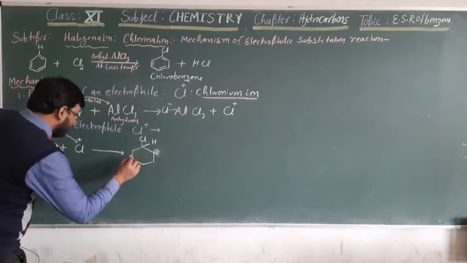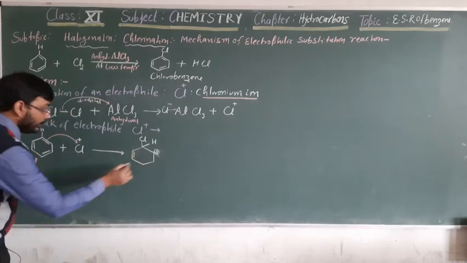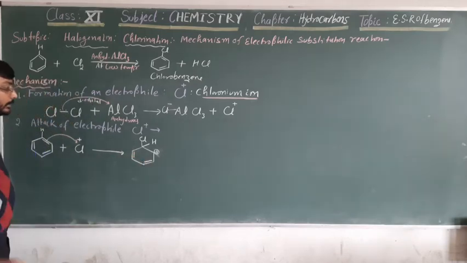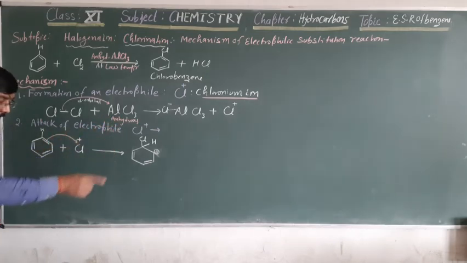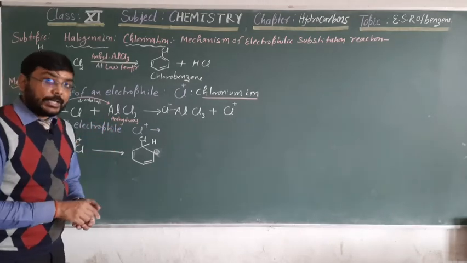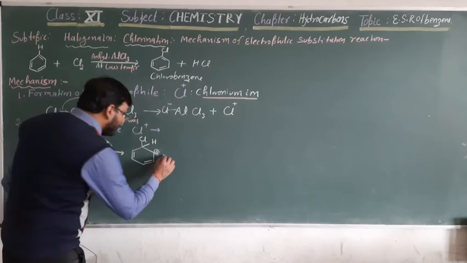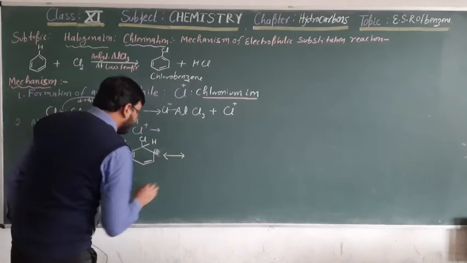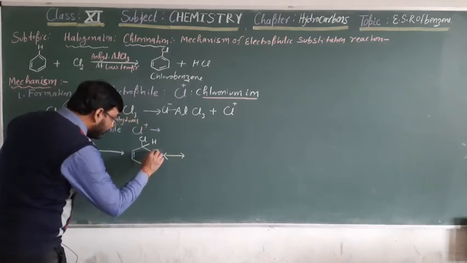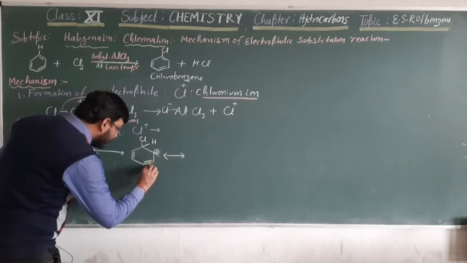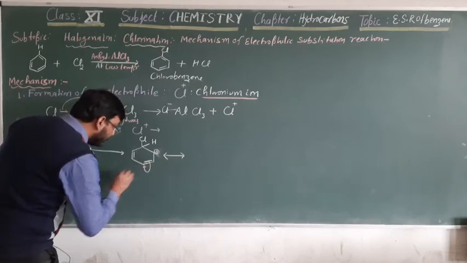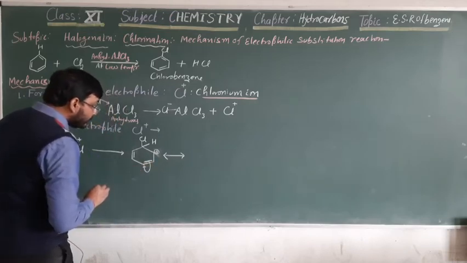In such way we can write this structure. Now this structure is going to be resonance stabilized. So what other structures can we draw for this process? Now see, this bond will migrate forward.